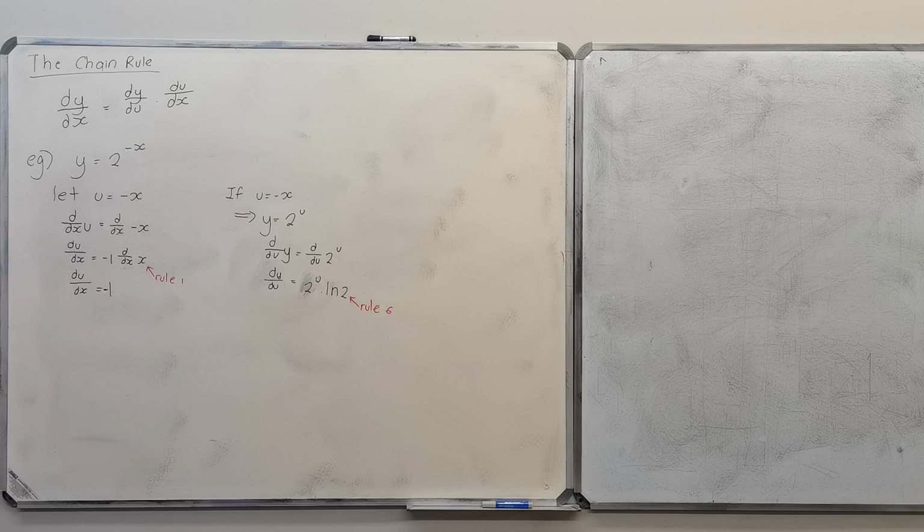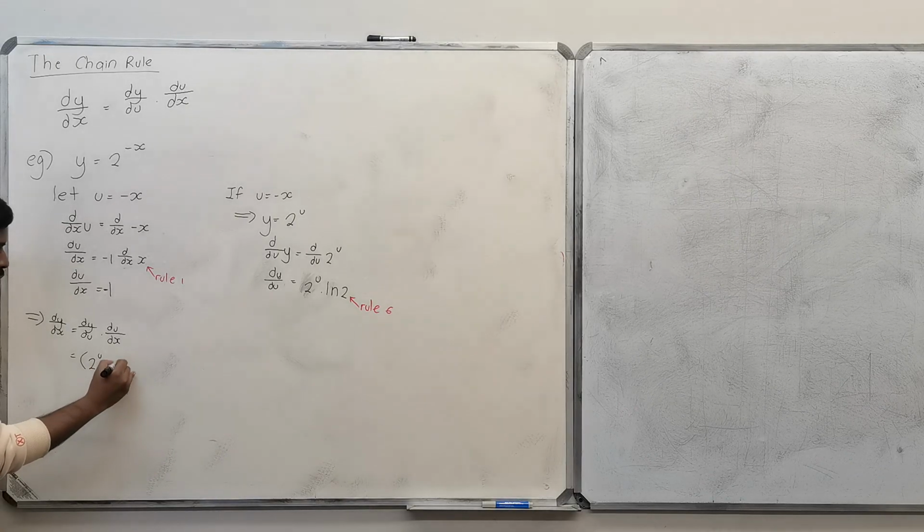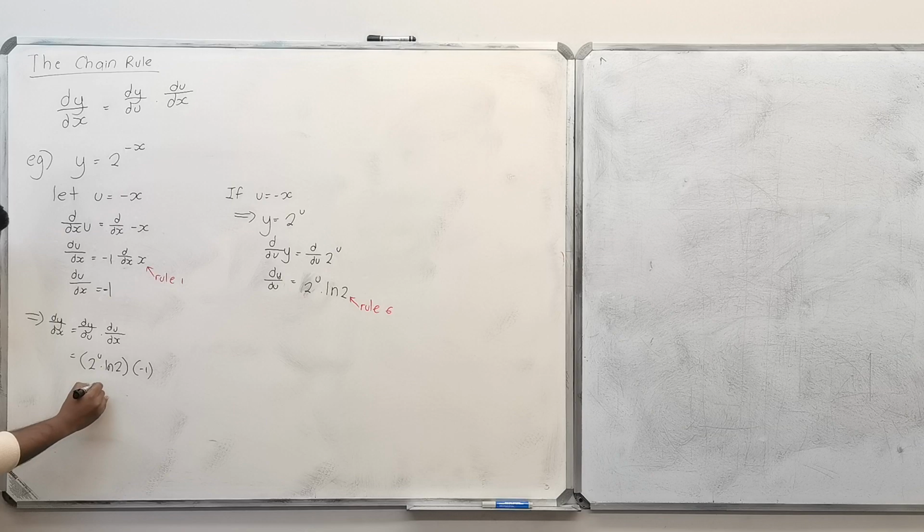Now that we have this, you just apply the chain rule. dy over dx is equal to dy over du times du over dx. We know the value of dy over du, and we know the value of du over dx, which is this. So this will now become 2 to the u times ln of 2 times minus 1, which is minus 2 to the u times ln of 2.